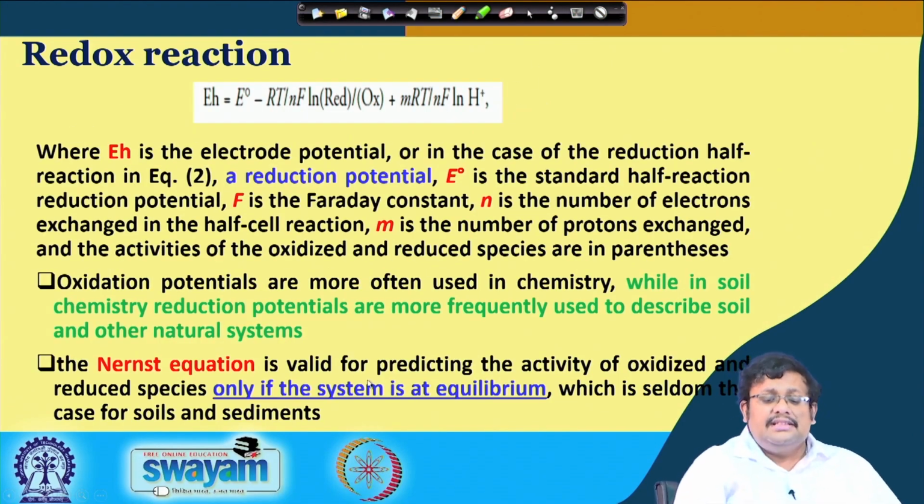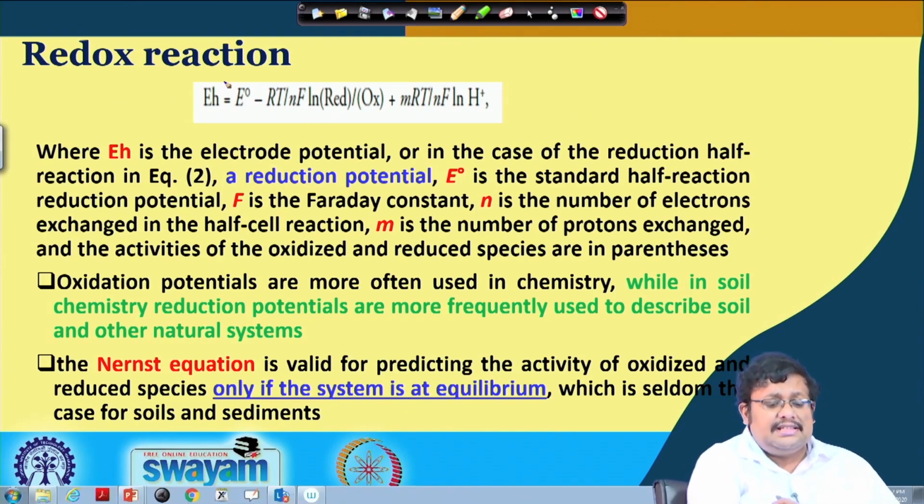So, again this is the Nernst equation. This Nernst equation says EH is the electrode potential, or in the case of a reduction half reaction in equation 2, this is basically a reduction potential.